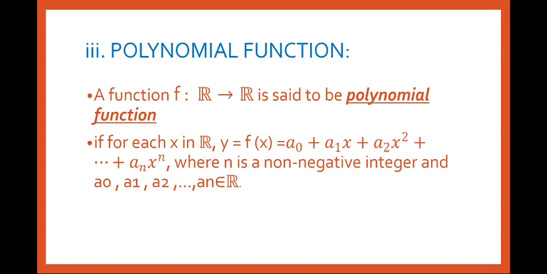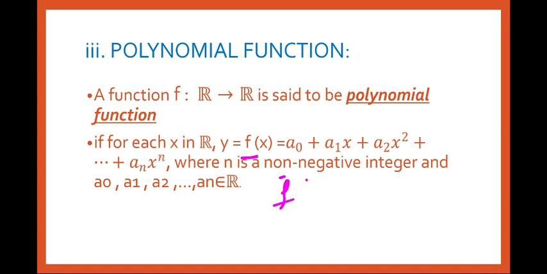Now polynomial function. A function f from real number set to real number set is said to be polynomial if f(x) is equal to a0 plus a1x plus a2x square plus up to an x to the power n, where n is a non-negative integer and a0, a1, a2, up to an are real numbers.